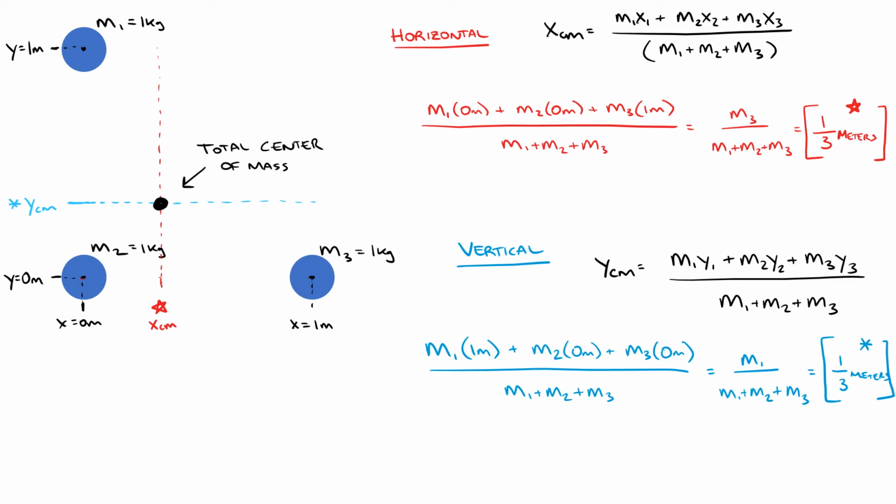So this is 3M on the bottom. That's 1M on the top. That is 1/3 meters in the horizontal direction.